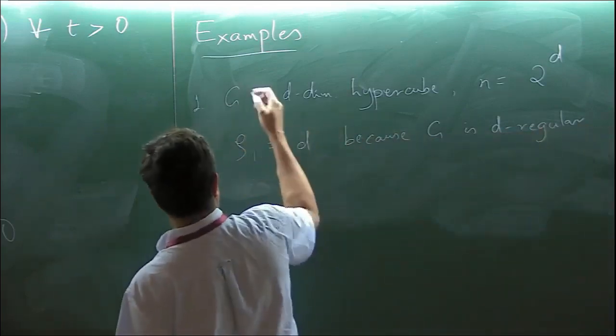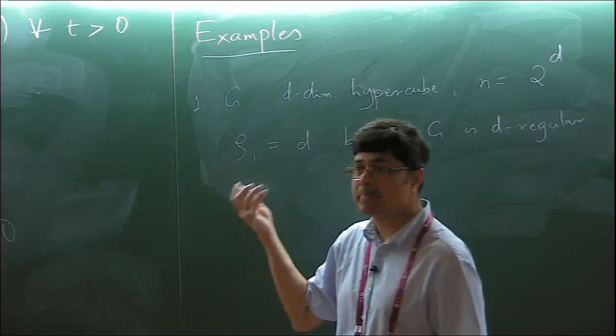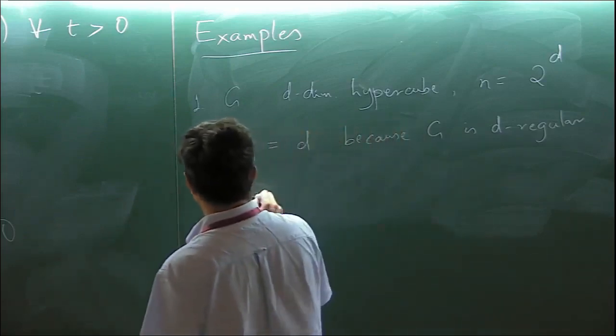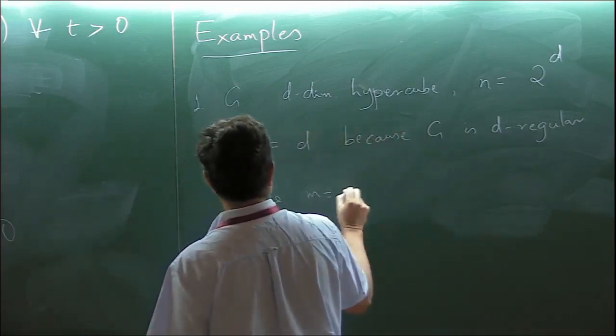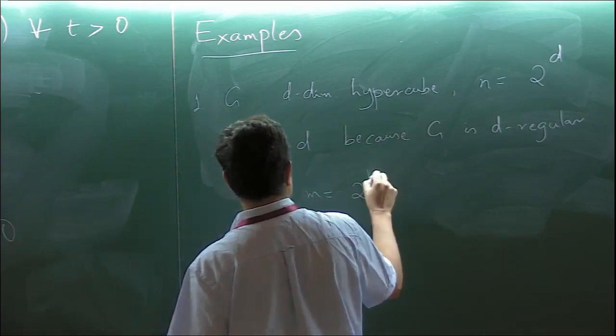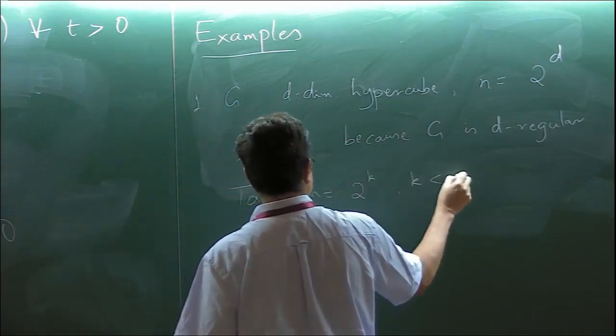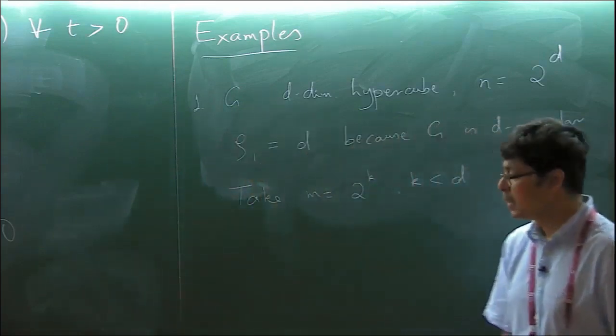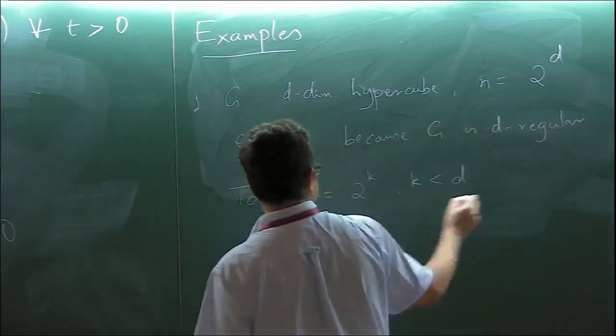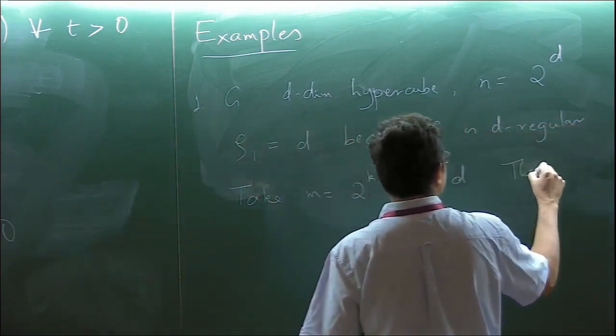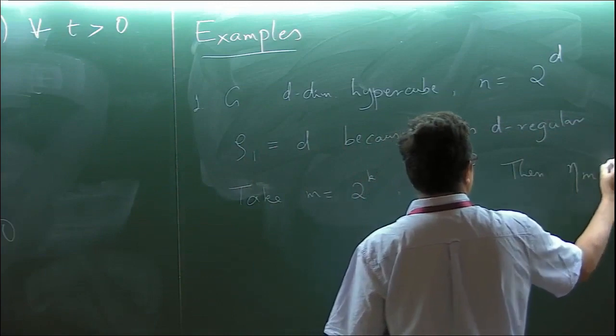And you can work out eta m. So let's take m to be 2 to the k for some k smaller than d. Then eta m is d minus k.